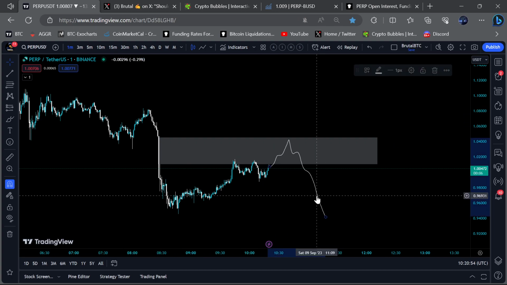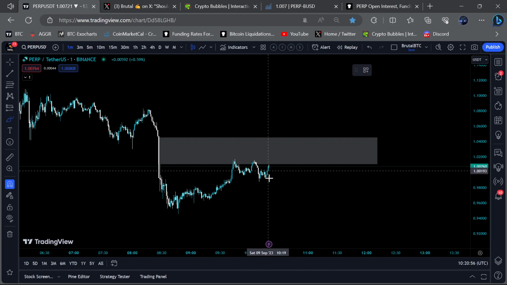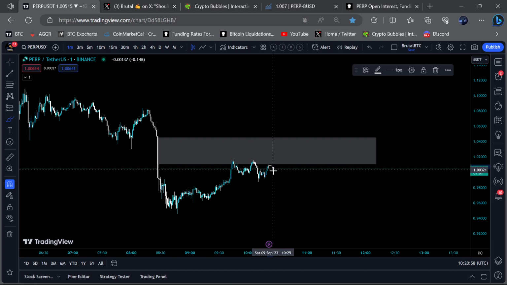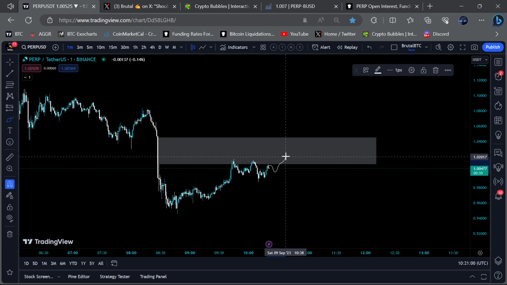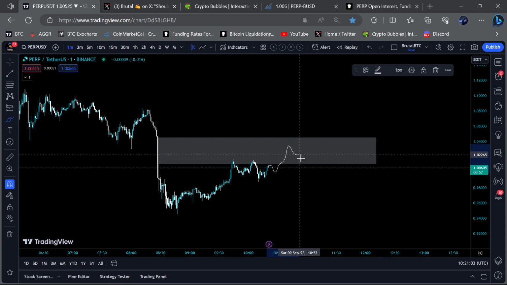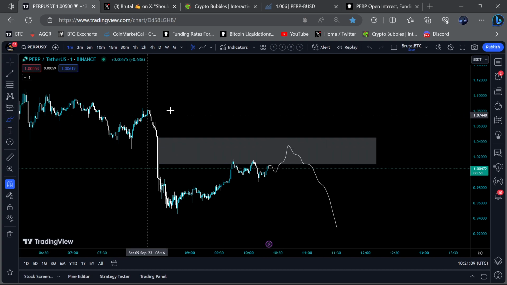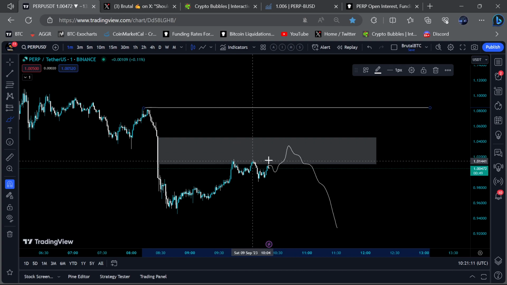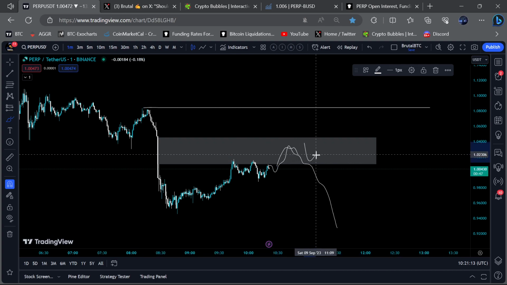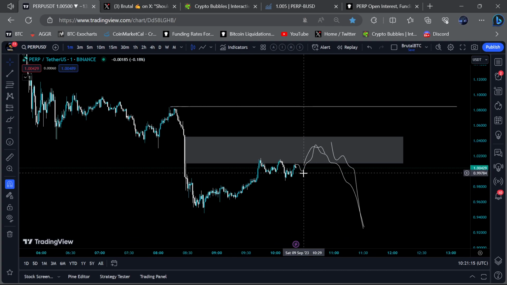If I draw this more precisely, I think this is going to do something like this. Now, why something like this? Because this is your previous lower high. Price is going to touch these levels and then go back.